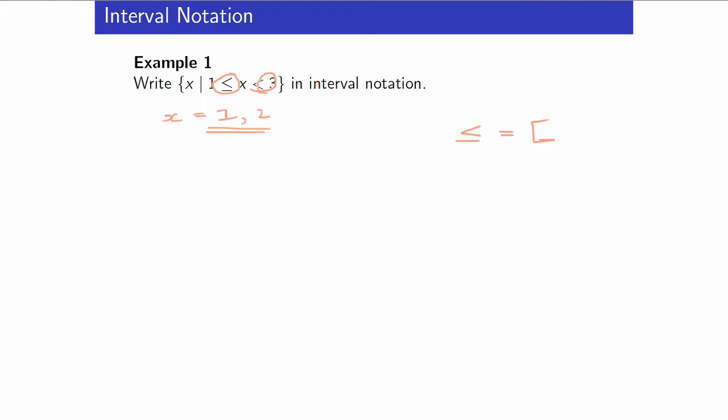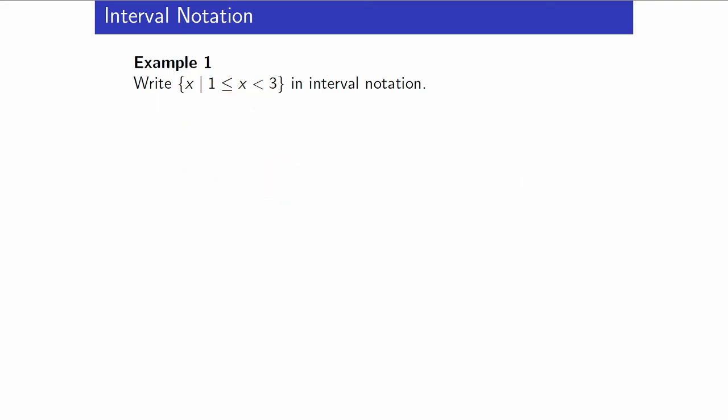When there is no equal sign, it's saying not including, right? So what does this mean? We start at 1, which includes 1, and it ends at 3, but doesn't include 3. So this is a square bracket, and it goes 1, 3, round bracket. And that's how you write interval notation for that.